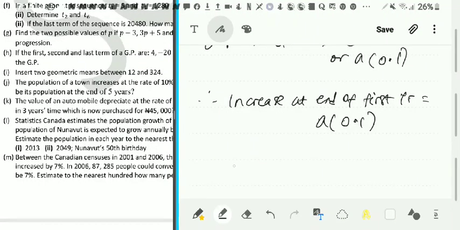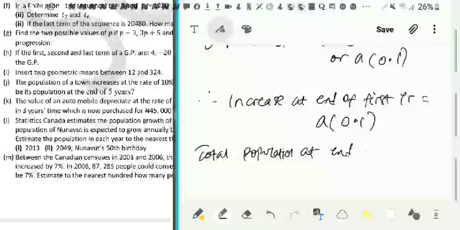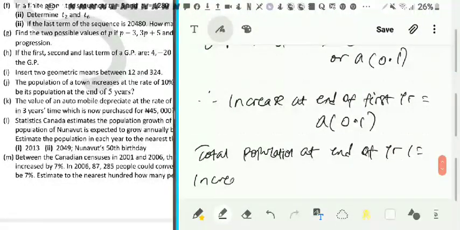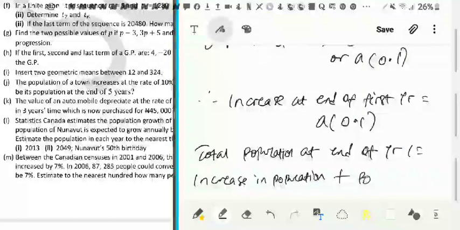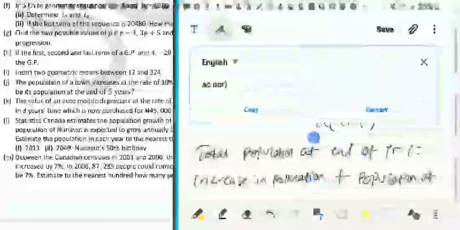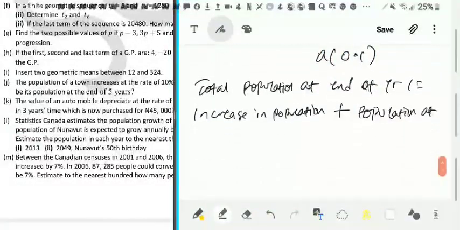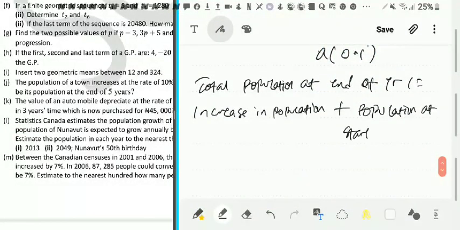Okay, so what's the total population at the end of the first year? Total population at the end of year one is equal to the increase in population plus the population at the start of the year.